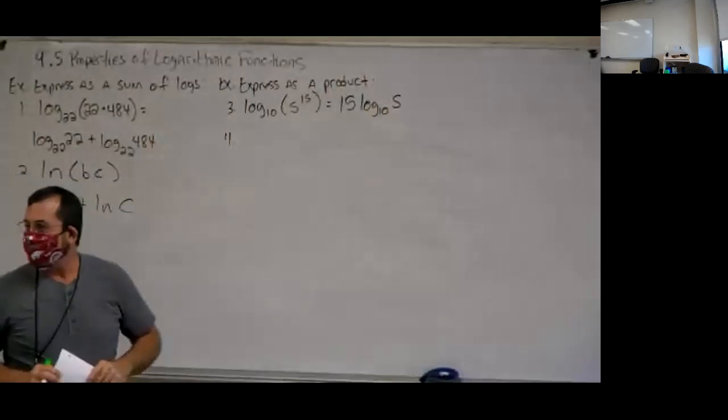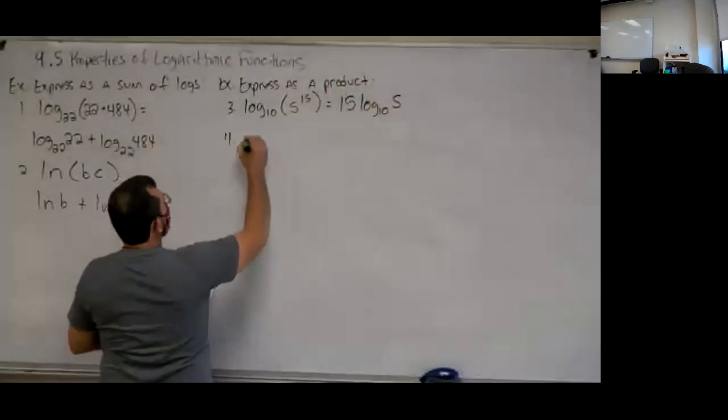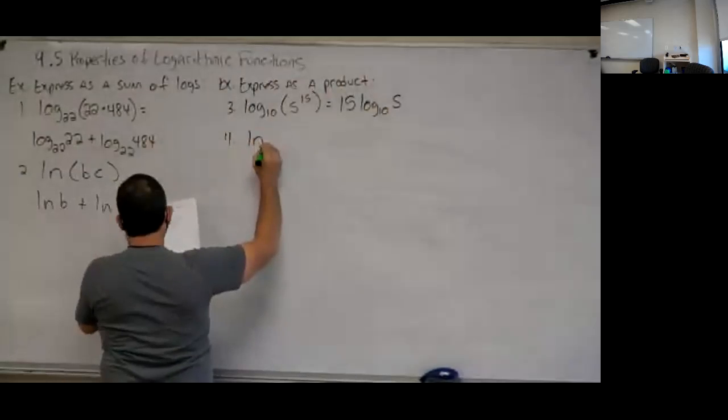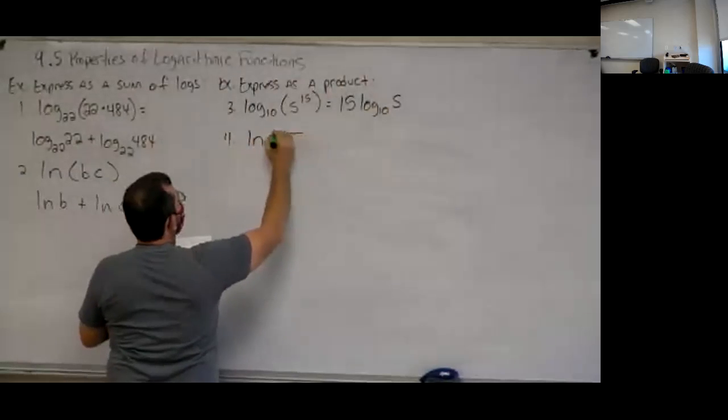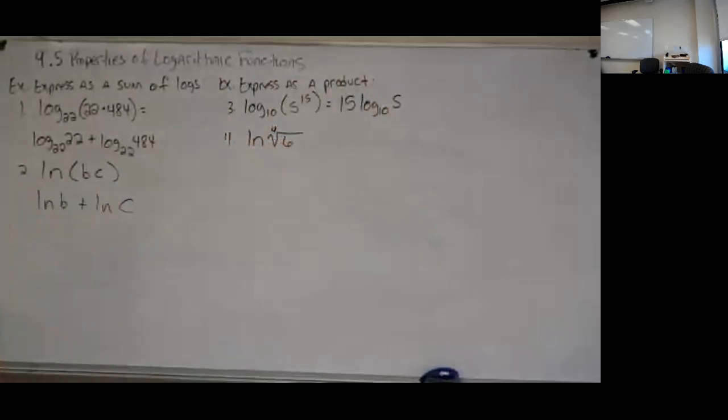So I'm going to pull a tricky one then, see what y'all's memory has on these radicals. I'm going to do ln of the 4th root of a 6. In order for me to use my power rule on this, we're going to have to rewrite that radical as a fractional exponent.